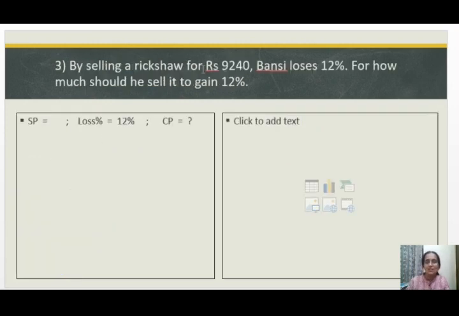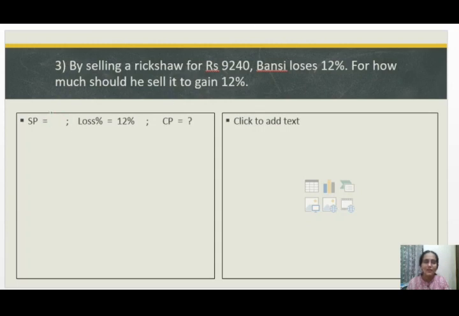By selling a rickshaw for rupees 9,240, Bansi loses 12%. For how much should he sell it to gain 12%? Whatever they have given, we will write first. By selling a rickshaw, the selling price is given here.